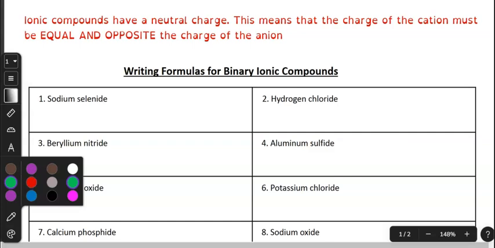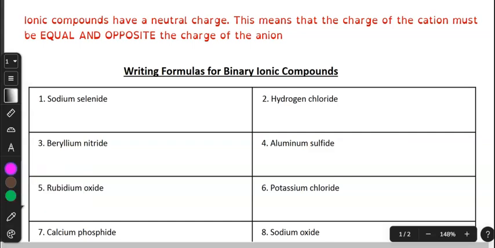This is sodium selenide. And sodium, if you look on your periodic table, is atomic number 11, and its abbreviation is Na.